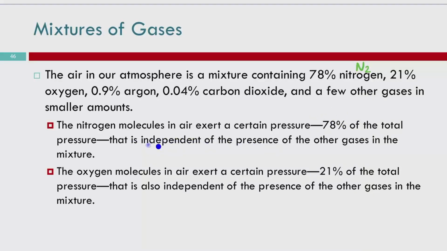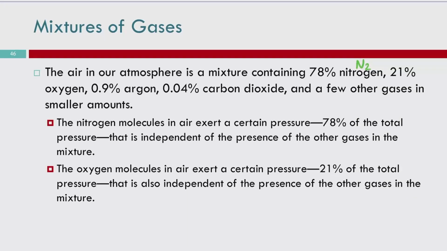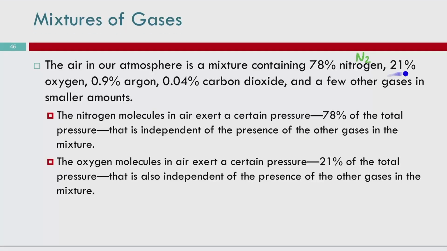That is roughly independent of the presence of the other gases. So the other gases being there doesn't change the amount of pressure that they produce, at least not to any great extent. And the oxygen molecules also exert a certain pressure, which is about 21% of the total pressure, matching their percent composition of the air.